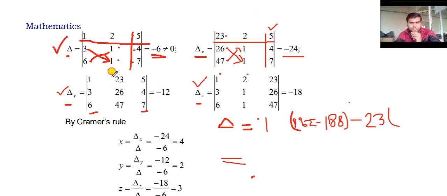So we hide this column and its row. 3 is multiplied with this 7, 21, minus this 6 is multiplied with this 4, 24. Okay, then we have to take this 5, so we write plus 5.